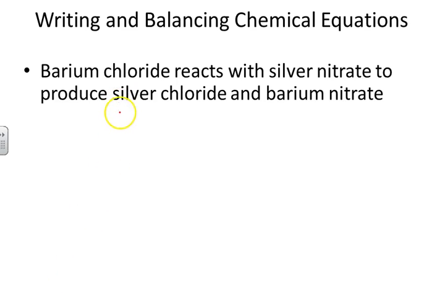So let's take a look at writing a chemical equation from scratch and going through the process of balancing. First, we've got barium chloride reacts with silver nitrate to produce silver chloride and barium nitrate. In chemical equations, we always have something known as reactants and products.